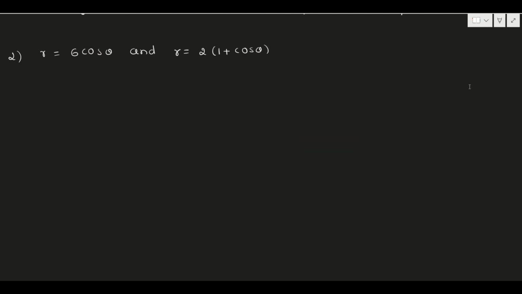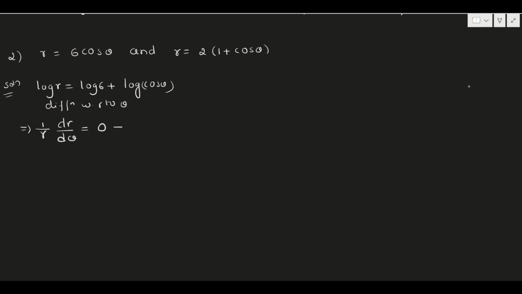One more example. r = 6 cos theta and r = 2(1 + cos theta). For the first curve, take log on both sides. So log r = log 6 + log cos theta. When you differentiate with respect to theta, on the LHS it is 1 by r dr by d theta.